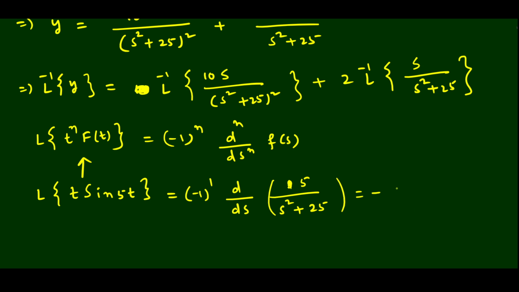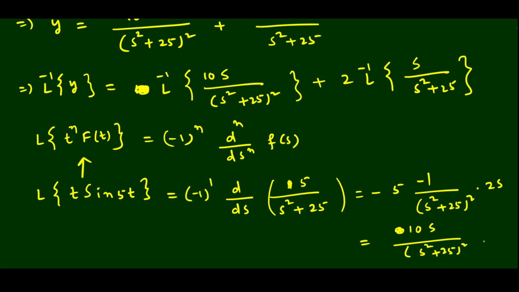And then if we differentiate it, the differentiation of s square plus 25 gives twice s. So exactly this will come, minus 10s divided by s square plus 25 whole square. One more thing: d/dx of 5 is constant, then d/dx of 1 by x is minus 1 by x square. So minus minus it will become plus 10s divided by s square plus 25 whole square. So see, exactly this term is coming, right?